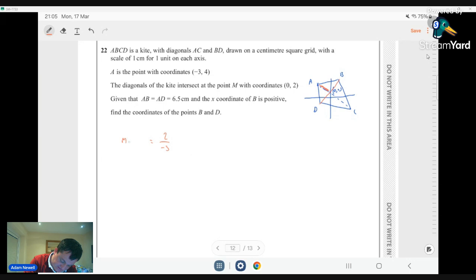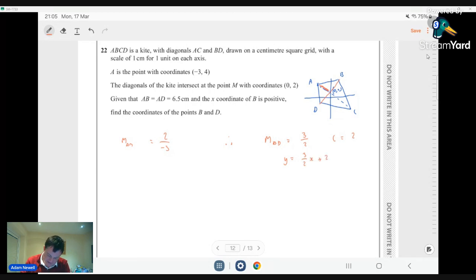So that's the gradient of AM. Therefore, the gradient of BD is the negative reciprocal, it's 3 over 2. And we also know it crosses the y-axis at 2. So the equation will be y equals 3 over 2x plus 2.